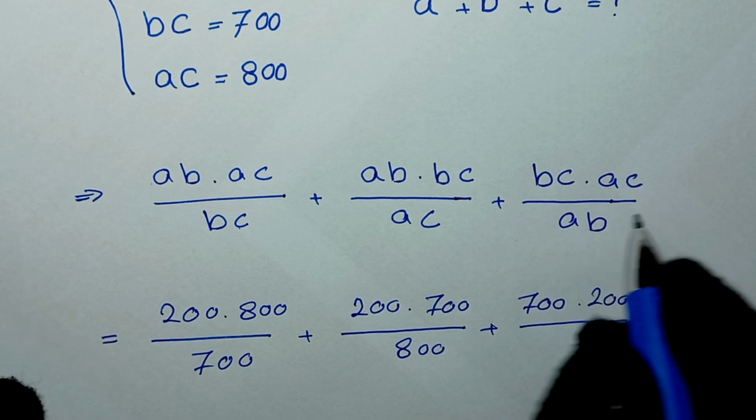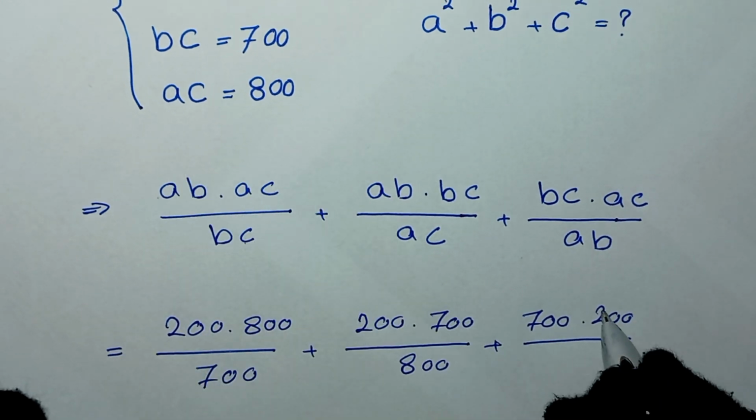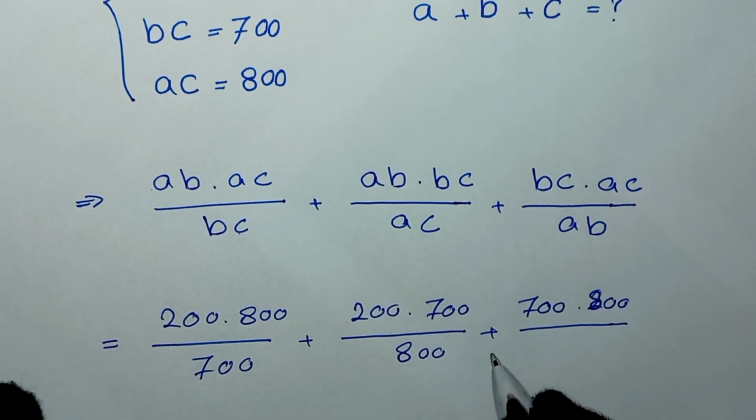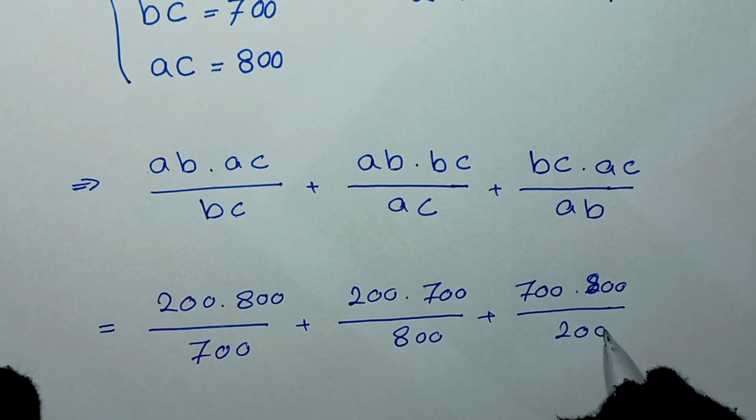Sorry, AC here is 800, so we write 800 over 200.